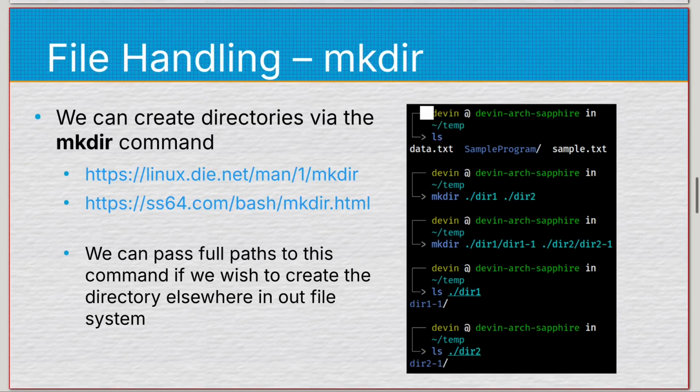So if I look over here on the right for my little sample, I do my ubiquitous ls to kind of show you, hey, this is what's currently in my directory. I'm going to do mkdir ./dir1 ./dir2. That just says, hey, I want to make these 2 directories in my current directory. After that, I do ./dir1/dir1-1 and then ./dir2/dir2-1.